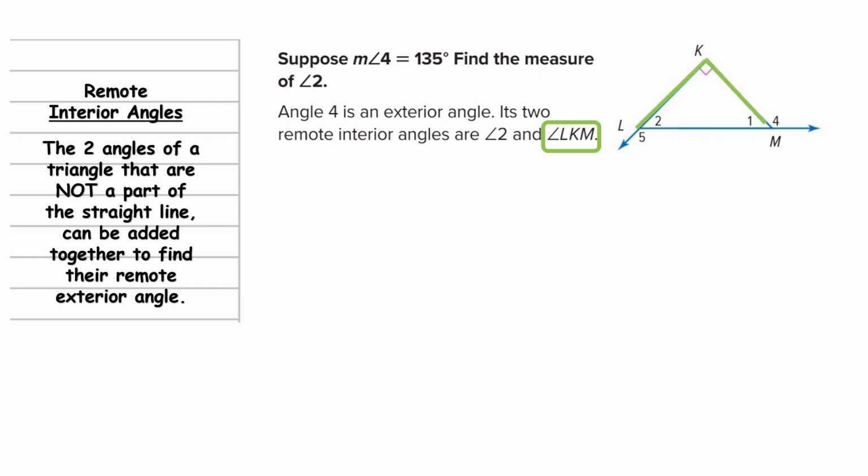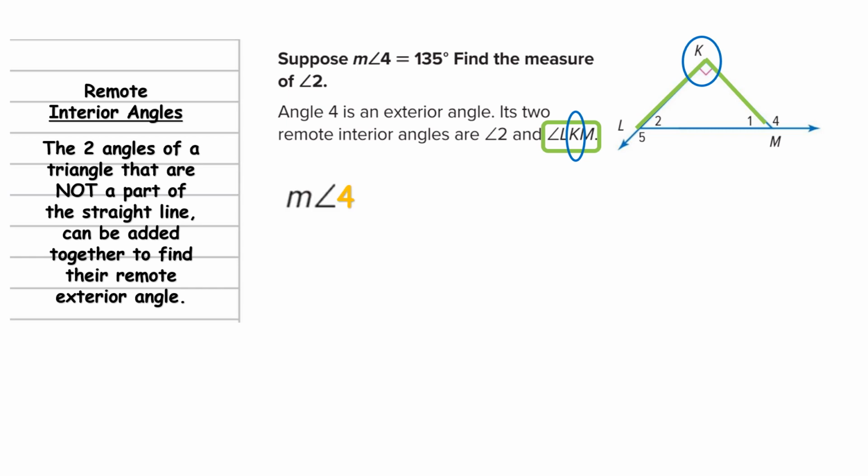What you're going to see is the 2 lines that make it up, and in the center, you're going to see the vertex of the angle they're talking about. So notice I've put in green the L, the K, the M in the order that they're listed, and the K is the vertex. So we could have also called this angle K. They're just showing you another way that you can see angles written down.